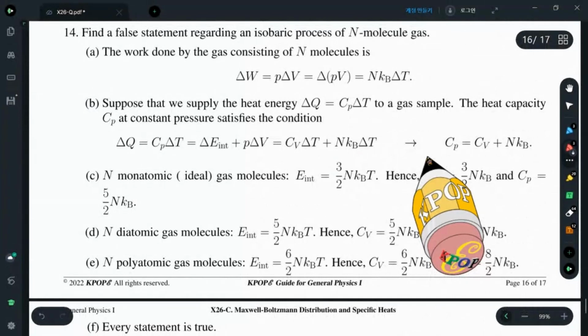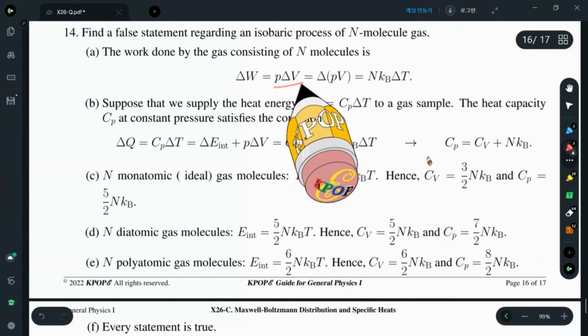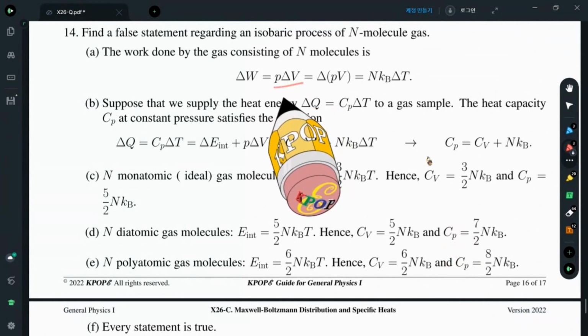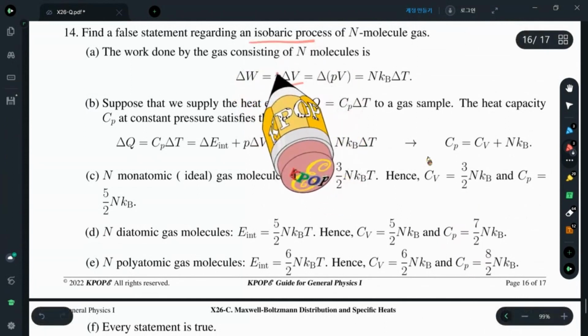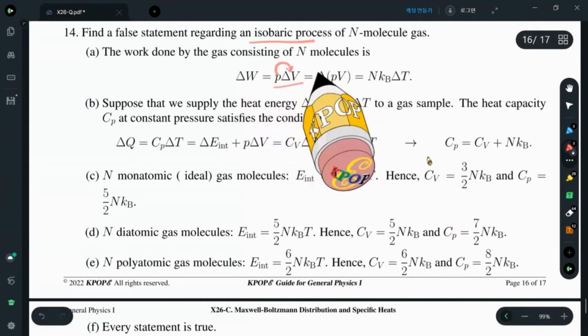Question 14. The work done by the gas consisting of n molecules is P delta V. In an isobaric process the pressure is the same, so it can be included inside.